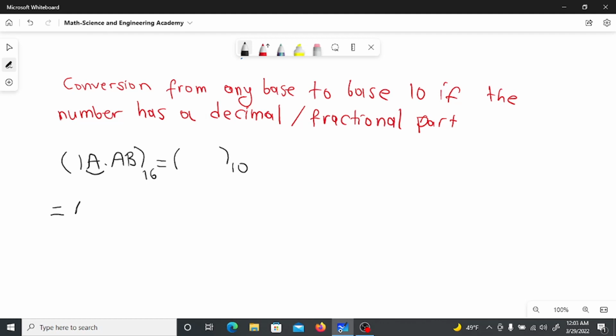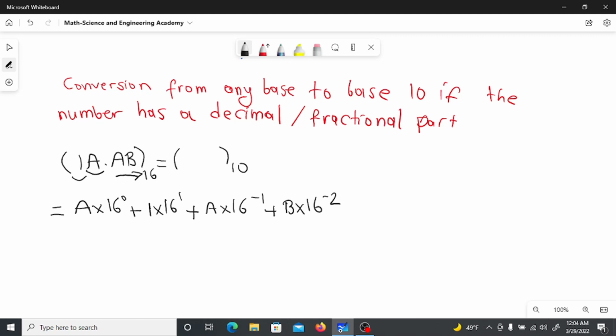Here, A times 16 to the 0, plus the second number is 1 times 16 to the 1, plus for the decimal or fractional part, we write from left to right: A times 16 to the minus 1, plus B times 16 to the minus 2.